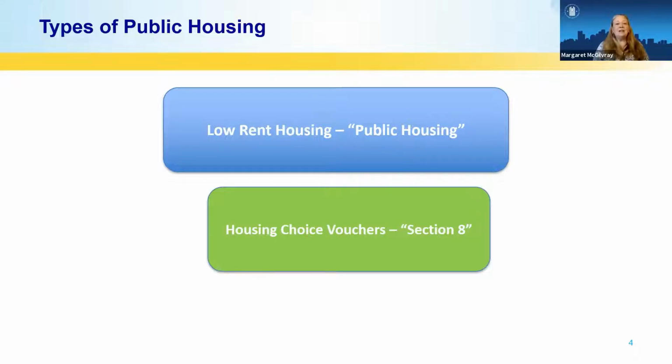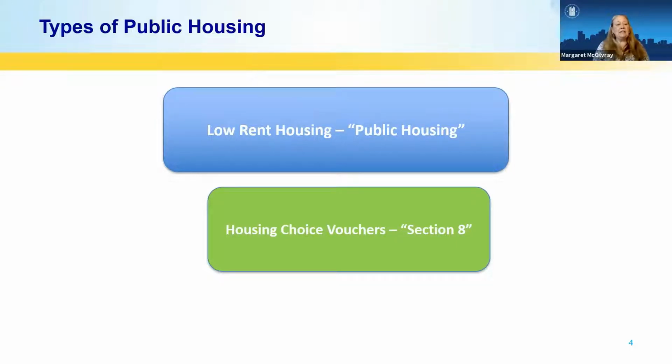Today's session is on the low rent housing or public housing program. And that is oftentimes referred to as low rent housing or public housing, or LIPH.